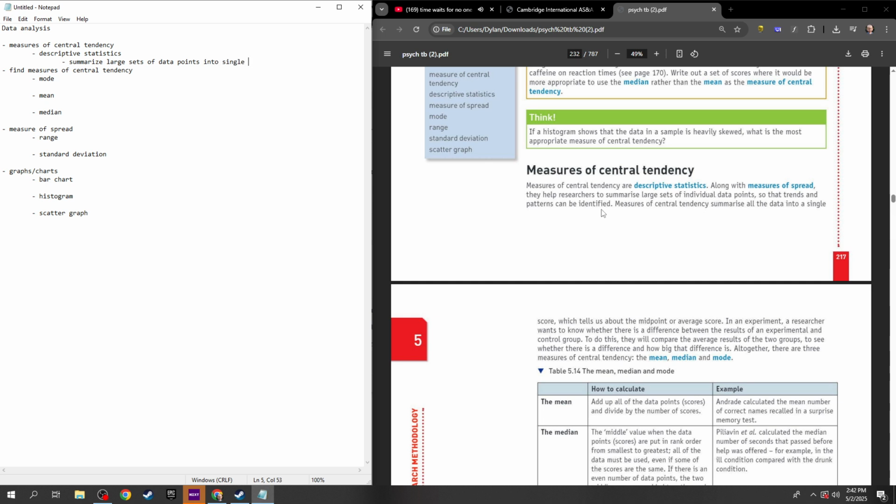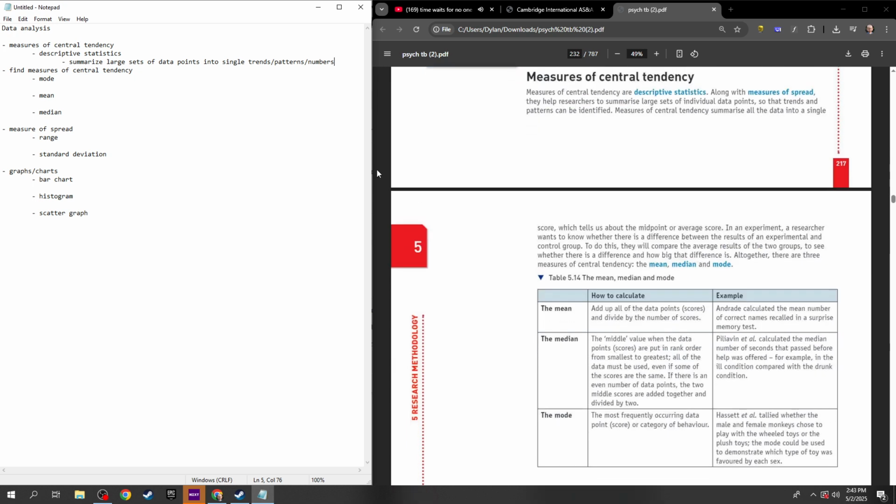Single / patterns / numbers. Allows for easier comparison of variables. Very nice.